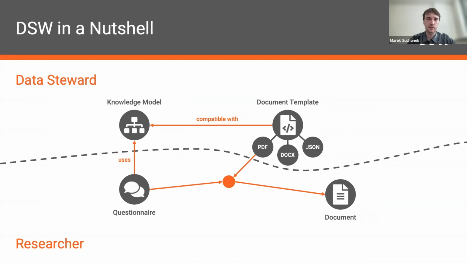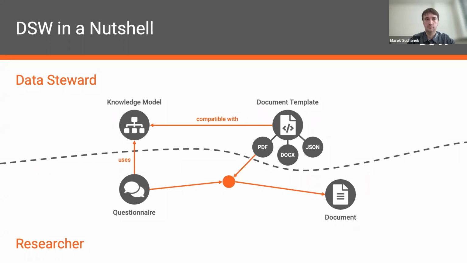So how it works, very briefly: you have some knowledge model and some document templates. That's something that the data steward manages in the Data Stewardship Wizard. A knowledge model is the structure for a questionnaire. A document template is related to certain knowledge models and is able to transform the replies to questions into some document.